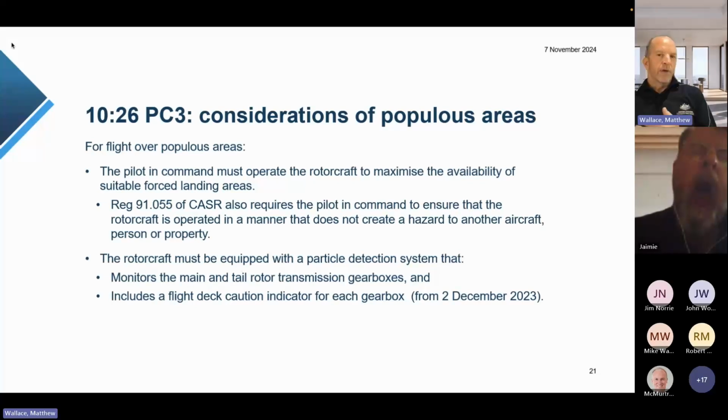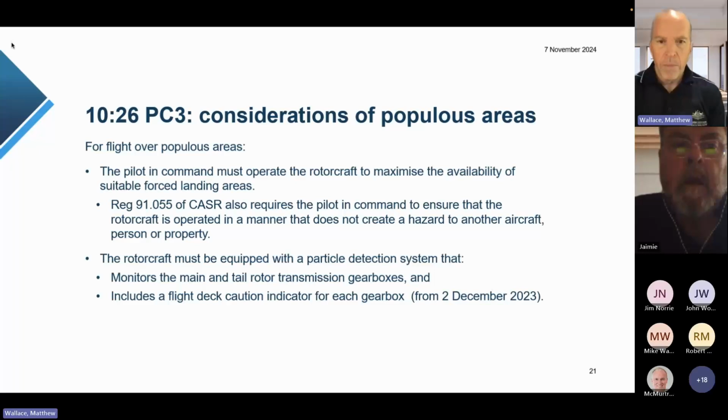So there's some accountability: if I'm going to operate over a populous area, I must do so in a manner that's not going to create a hazard to another aircraft, a person on the ground or property. And the particle detection system we spoke about monitors the main and tail rotor transmission gearbox, and post 2 December 23 includes a flight deck caution indicator for each gearbox.